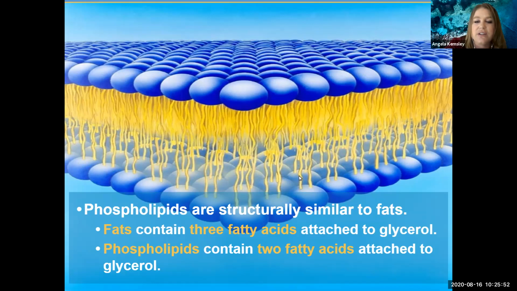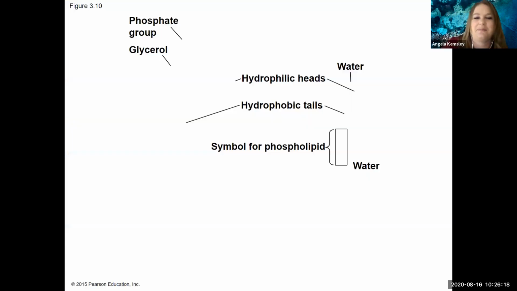So you can see there are 2 tails attached to each of the glycerol heads. Again, the blue parts are the heads, the yellow parts are the tails. The blue parts represent the glycerol, the yellow parts represent the fatty acid tails. This structure is going to be important when we talk about our cell membranes, where there's one row facing this way and one row facing this way.